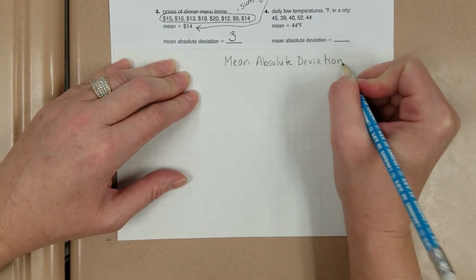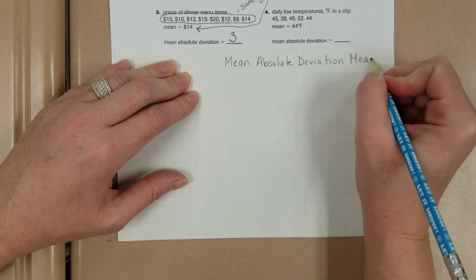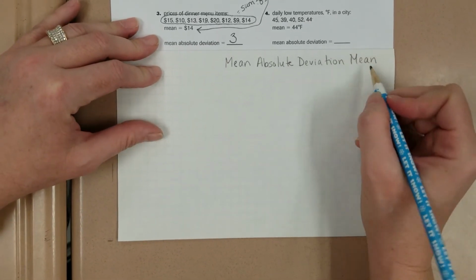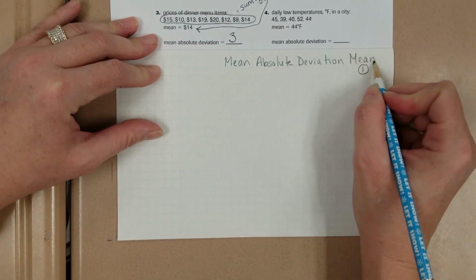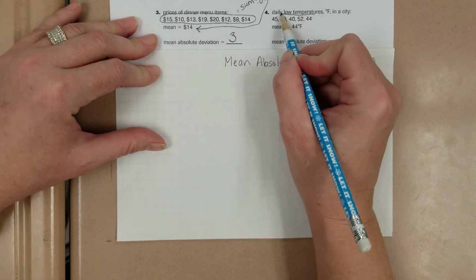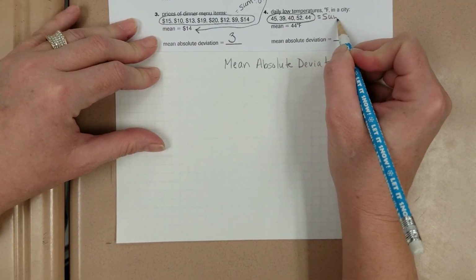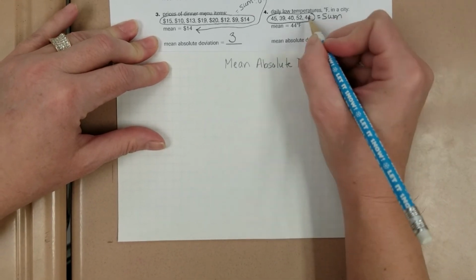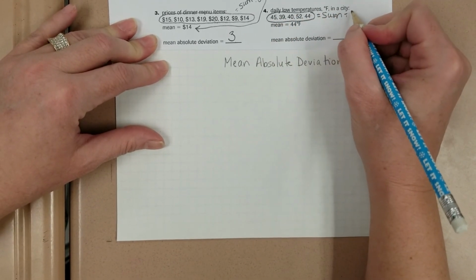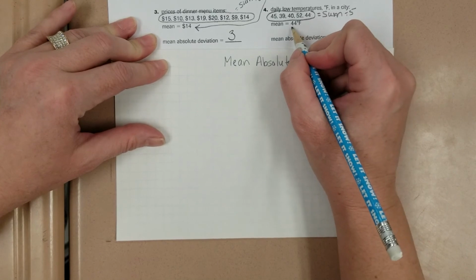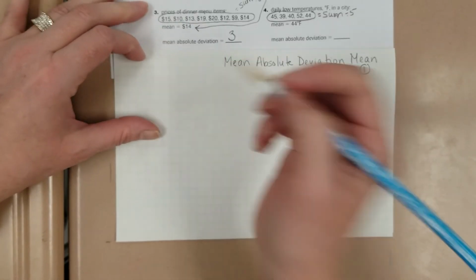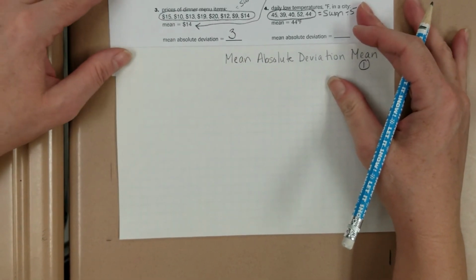And again, to help myself out, I'm going to write the word mean again. So step 1, we find the mean, okay? Which means that we would add this up and get a sum, and divide by 5, and our mean is 44. So that's nice because, again, they did that for us, less work for us.